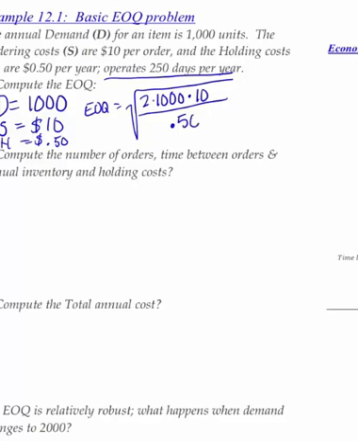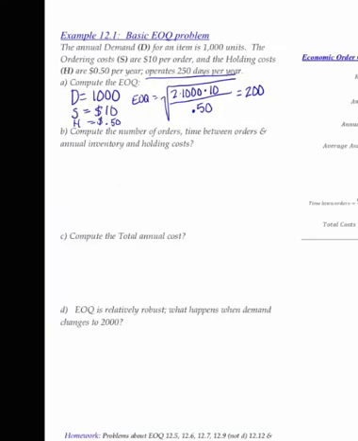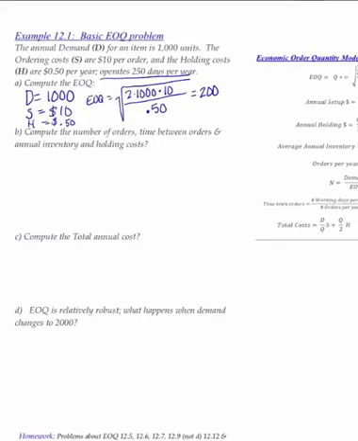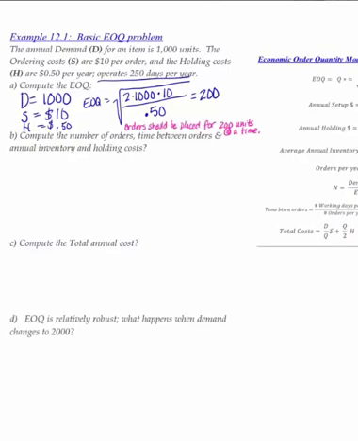So this will yield the economic order quantity of 200. Which means that when we place an order, we should place an order for 200. Orders should be placed for 200 units at a time.